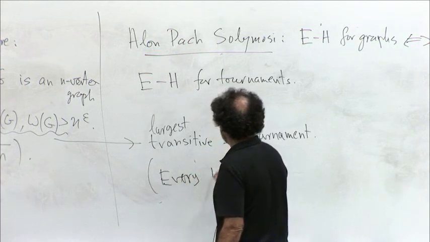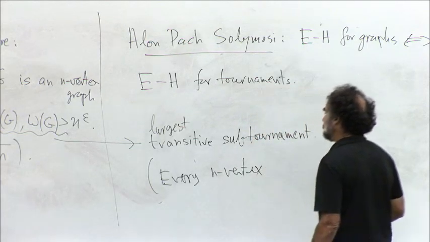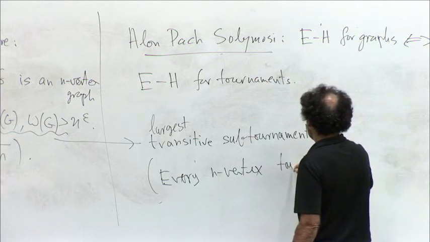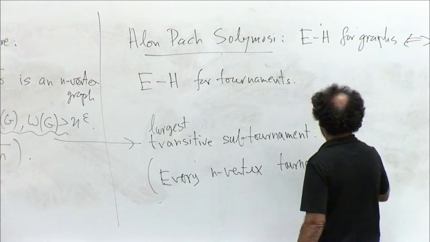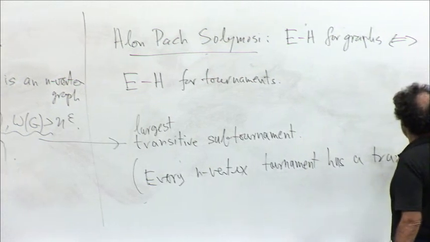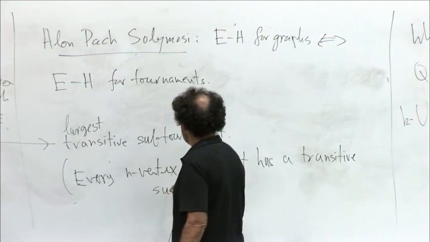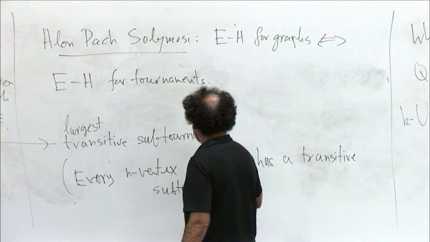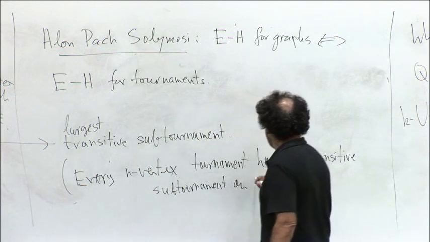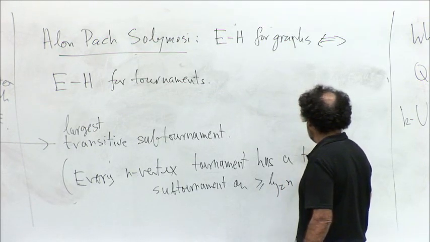That's very easy. Every n-vertex tournament, if you never saw this, then that's a good exercise while you shower or something. Every n-vertex tournament has a transitive subtournament on at least log base 2 of n vertices.